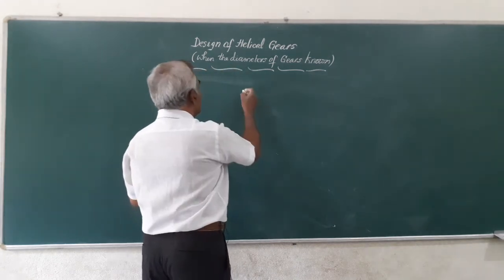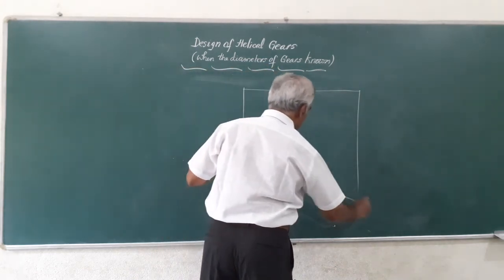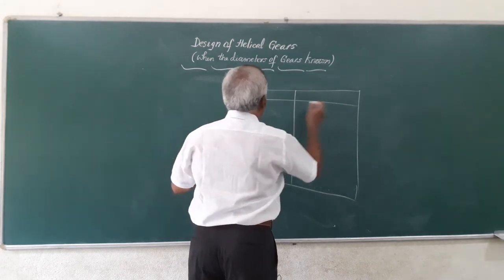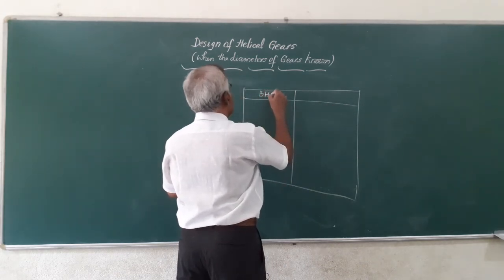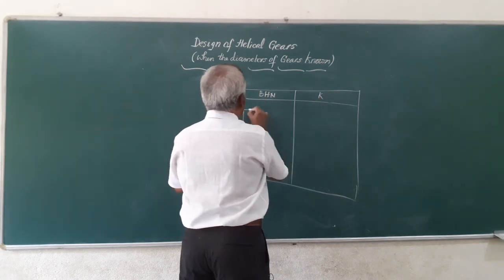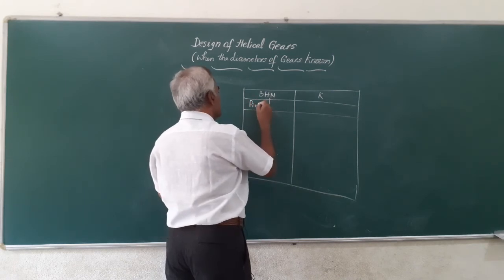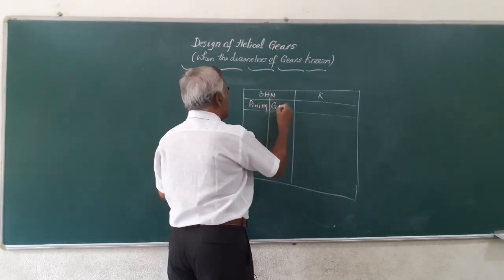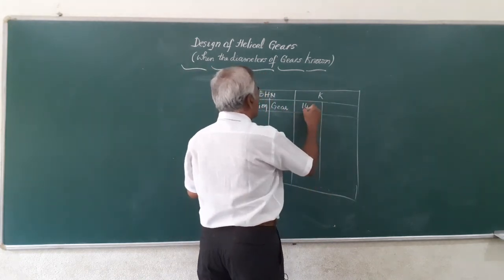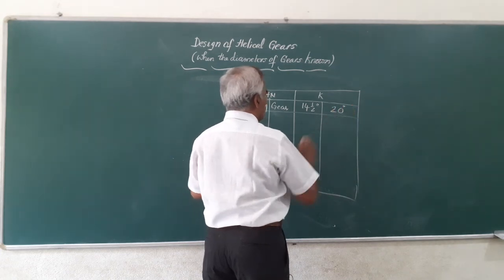So, if you refer to the data handbook, friends, you have a table for this K and it runs like this. You have the hardness BHN and this is the value of K. So, BHN we have given separately for the pinion and gear, and here you have got the value of K for 14.5 degrees profile or pressure angle and 20 degrees pressure angle.